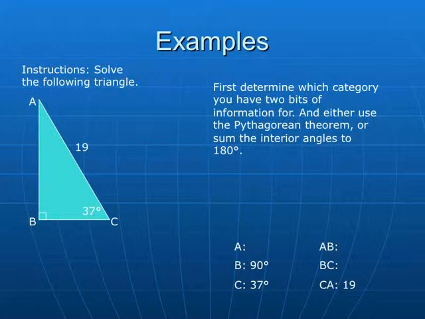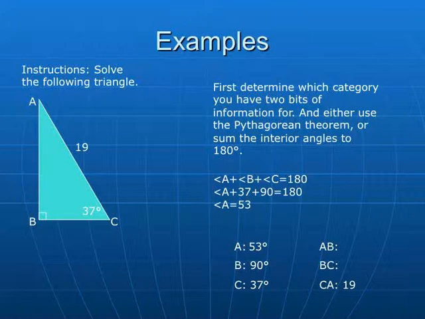Since I have 90 and 37, angle A plus angle B plus angle C should equal 180, so angle A is going to be 53. There's my first bit of information I surmised from the triangle. You all know this, right? Super easy.